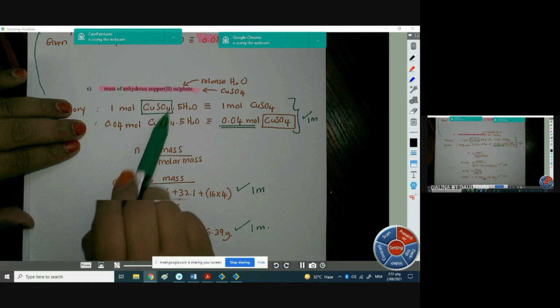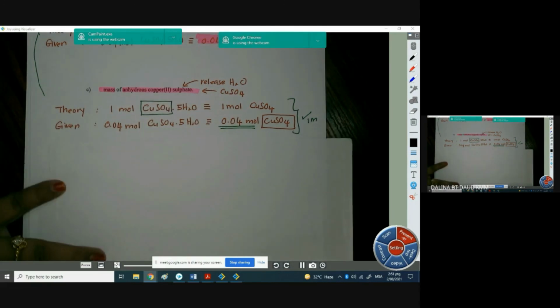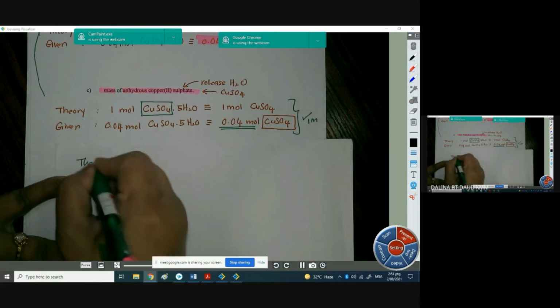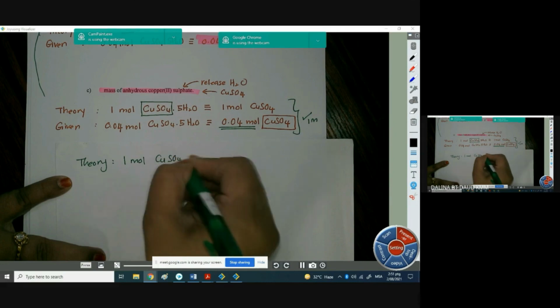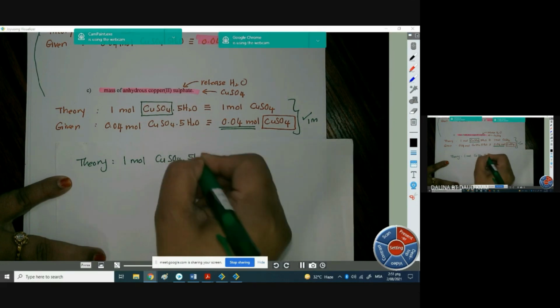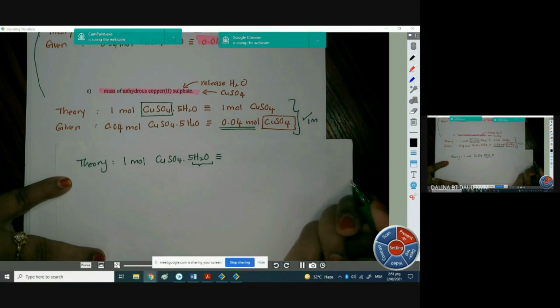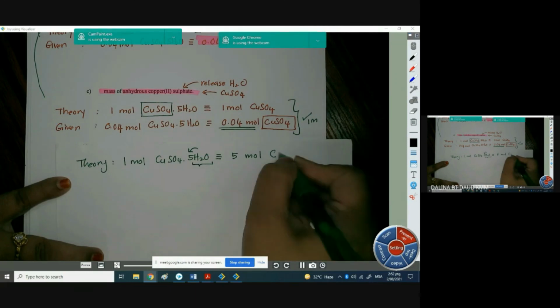Let's say I give you another example. If the question asks about the mass of water, the theoretical will state 1 mole of hydrated copper sulfate is equivalent to the water itself, which is 5 moles of water.